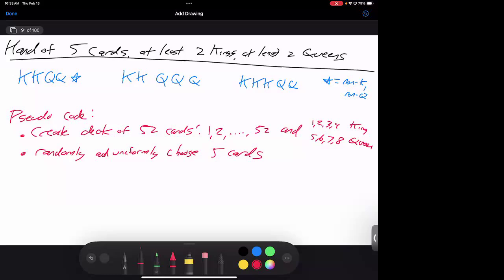And now what do you have to do with those 5 cards? How do you see if it was a success? How do you check to see if you have 2 kings? You would have to write some code to check and see, do we have at least 2 of the numbers 1, 2, 3, 4? Does that sound pleasant?